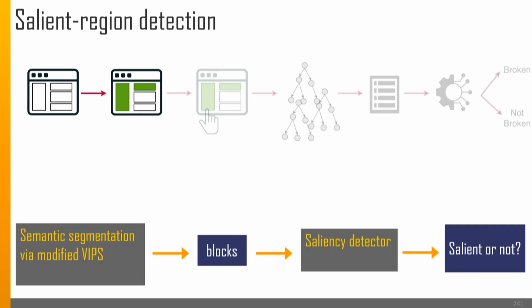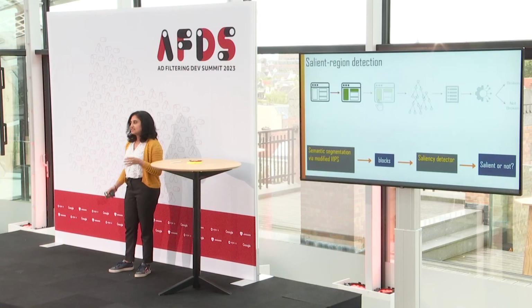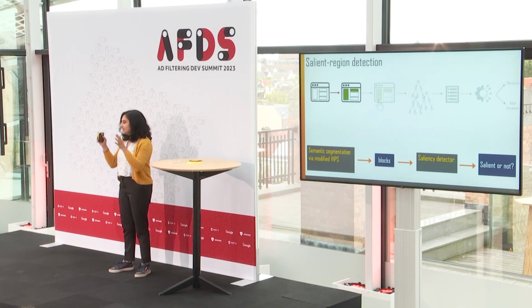So the first part is to actually identify the salient regions on a web page. So what we do is something called semantic segmentation. So semantic segmentation means to identify very closely linked visual elements on a web page. That means, let's say you have a login form, all the elements associated with the form, such as the fields and the buttons and so on, would be a semantic block.